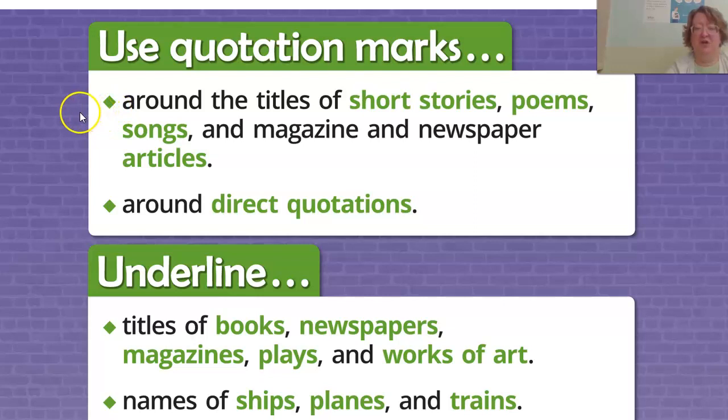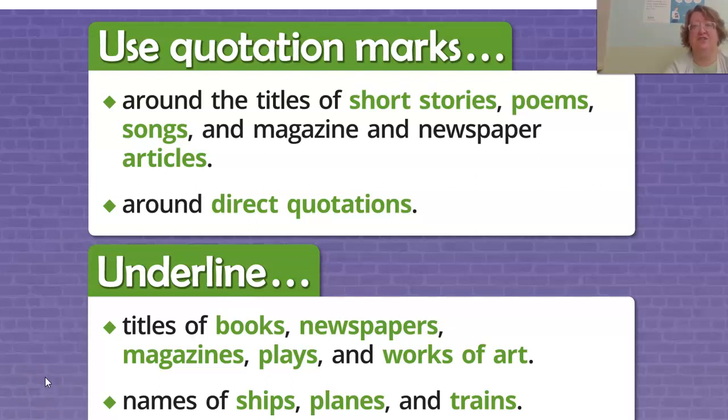Use quotation marks around the titles of short stories, poems, songs, and magazine and newspaper articles. Also around all direct quotations. And we underline titles of books, newspapers, magazines, plays, and works of art, names of ships, planes, and trains.